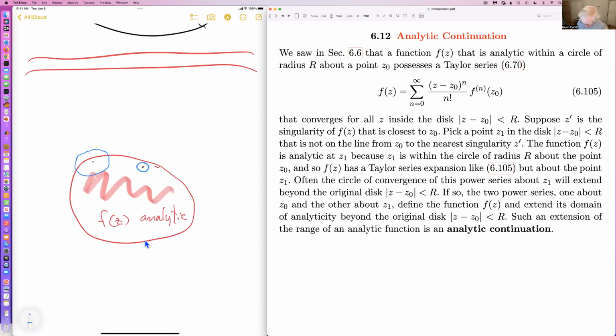In other words, in this blue region, we can say f of z is this sum of powers of z minus z0.